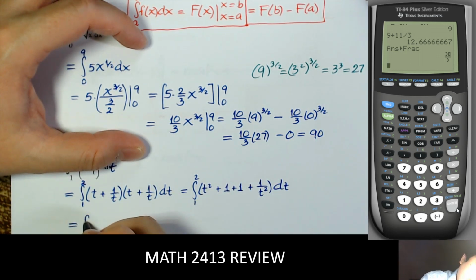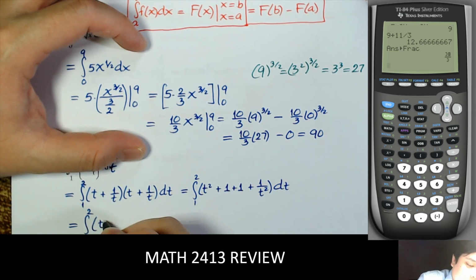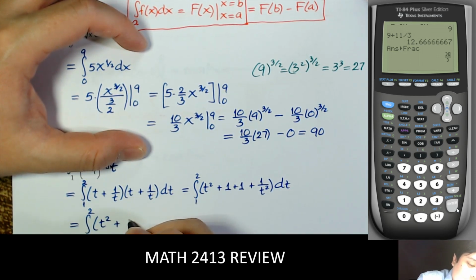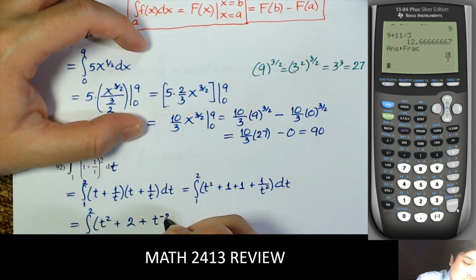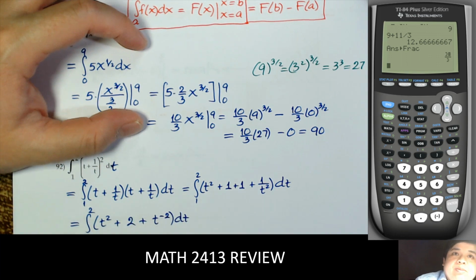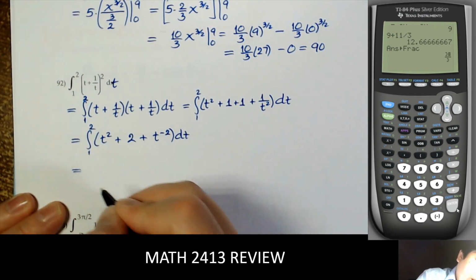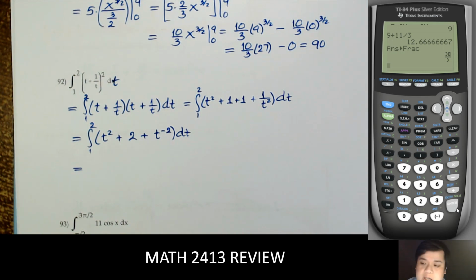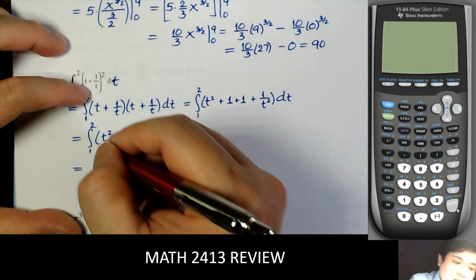So we have t squared plus 2 plus 1 over t squared, which I will write as t to negative 2, dt. Now we apply the fundamental theorem of calculus.